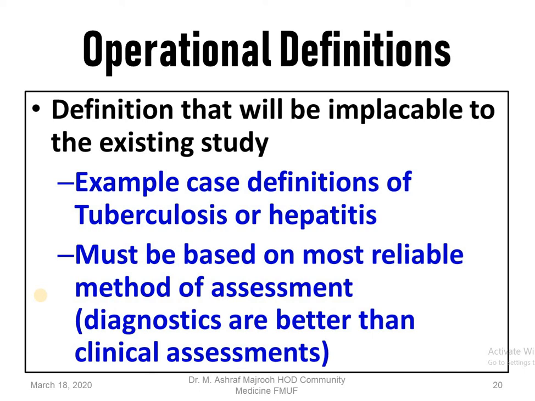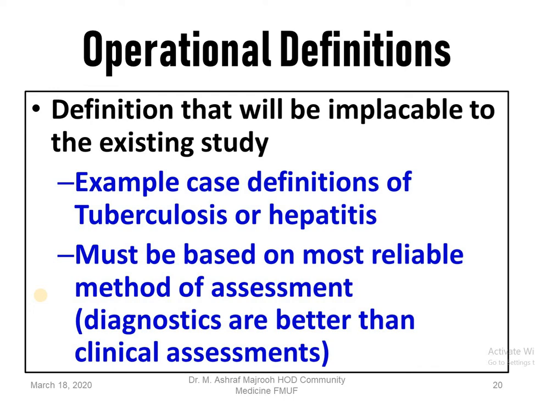The theoretical definition of tuberculosis is that it is a granulomatous disease having symptoms like prolonged cough with sputum and fever, low grade fever with sweating, weight loss.